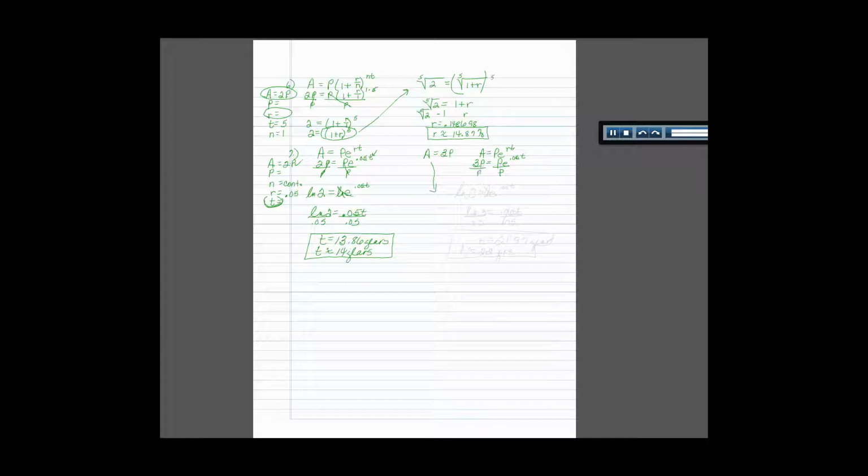Divide both sides by P. It's the same exact process. 3 equals E to the 0.05T. Take the ln of both sides, and you have ln of 3 equals 0.05T. Divide by 0.05, and we get T is going to take 21.97 years, or T is approximately equal to 22 years.